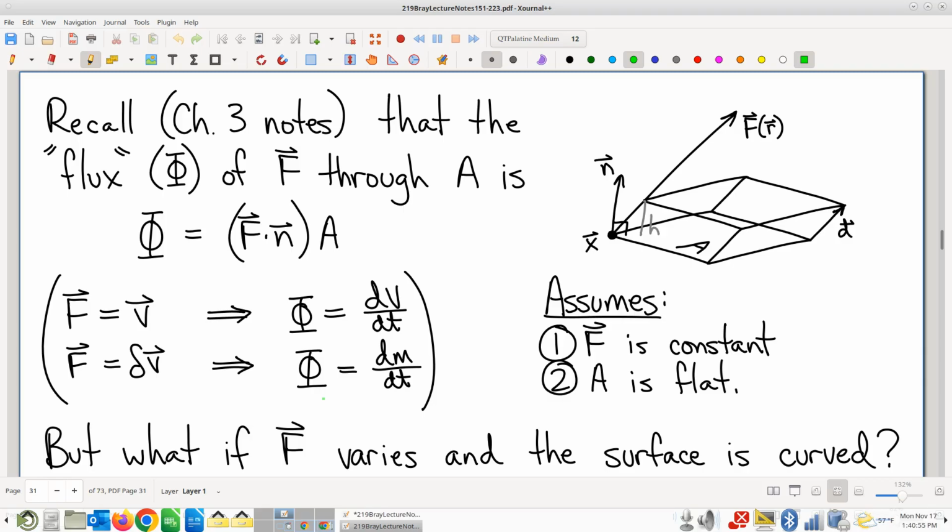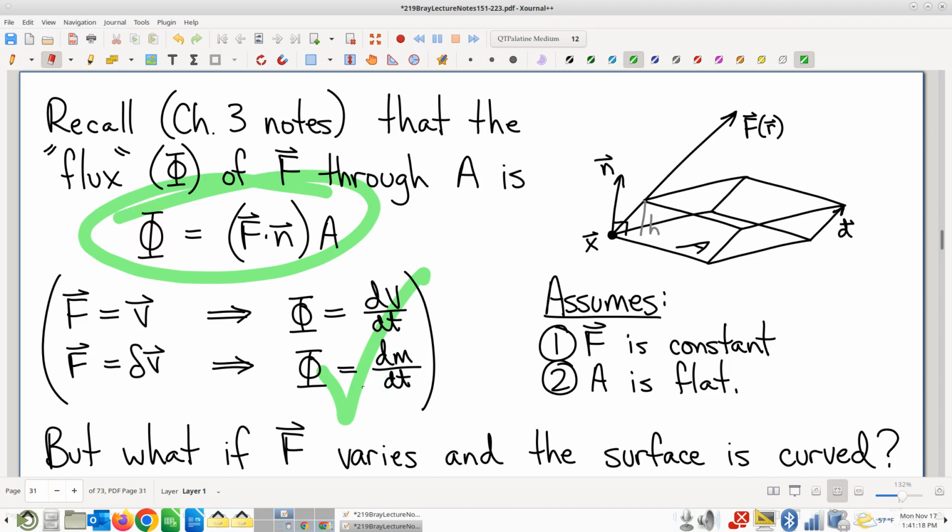Okay, so let's see. Last time, we were talking about this idea of flux. Super quick reminder, because we've already covered this page: the big idea of flux is that it allows you to compute certain flow rates, right? How much fluid per unit time, either volume per unit time or mass per unit time, depending on how you set up the vector field.